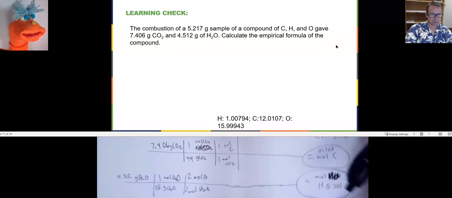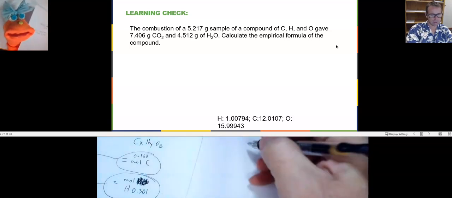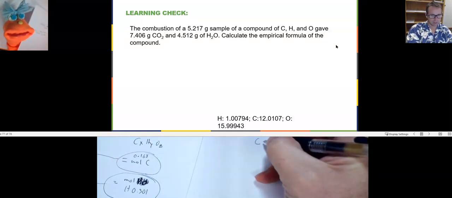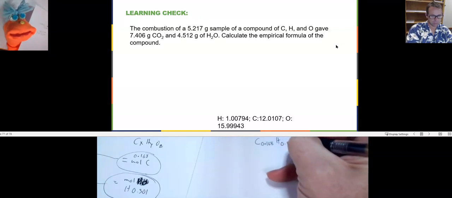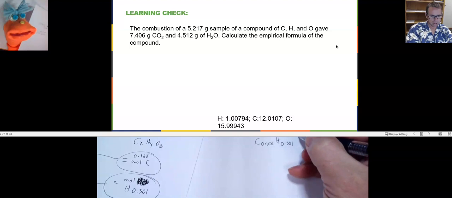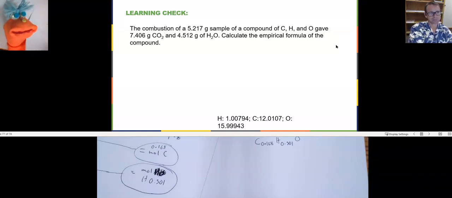So what that does is that gives us C 0.168 and H 0.501. Oxygen, we still don't know. How do you get the oxygen?